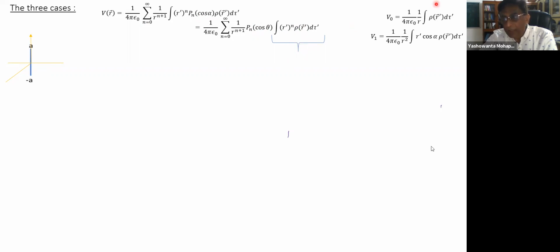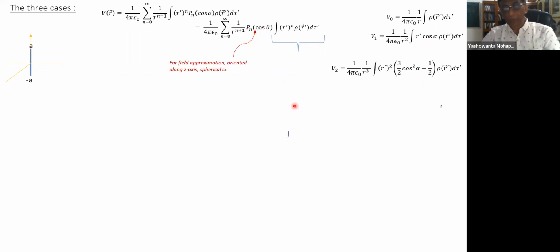I again repeat my V0, V1, V2 here so that you have a reference point. For the far-field approximation oriented along the z axis, I take my spherical coordinates. So this is k, and that is how cos alpha has become cos theta, because the angle between this and this is theta, and this is my point where I want my potential.